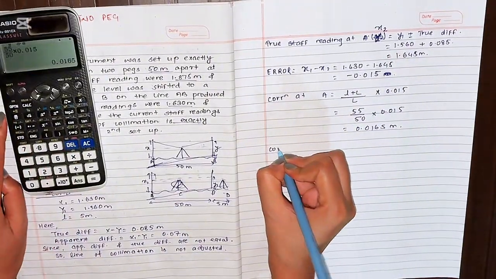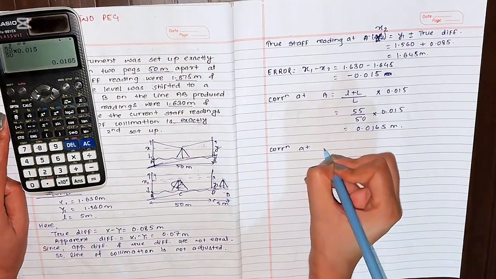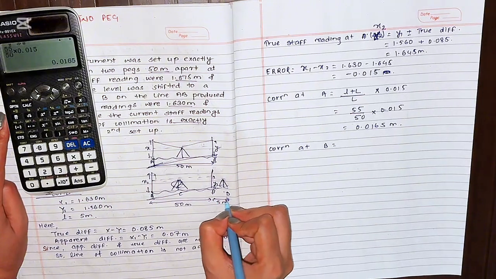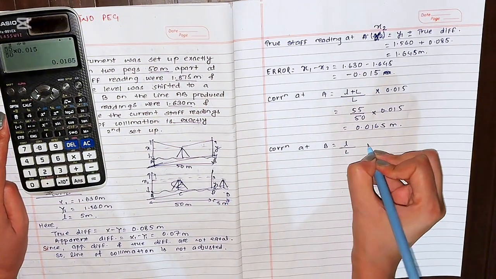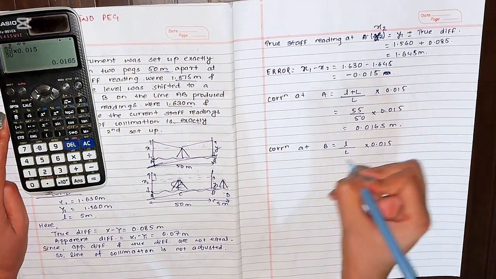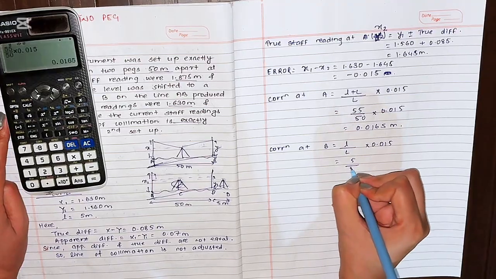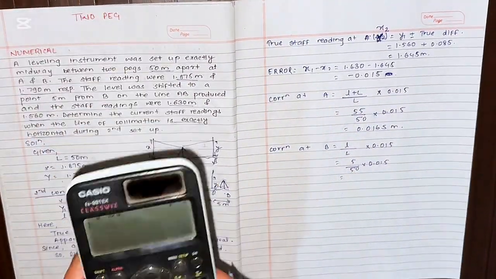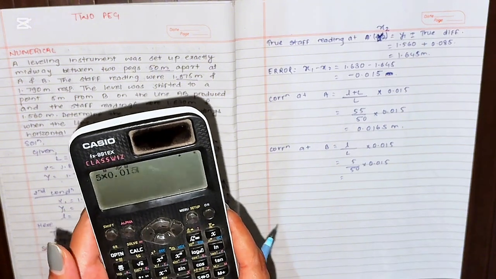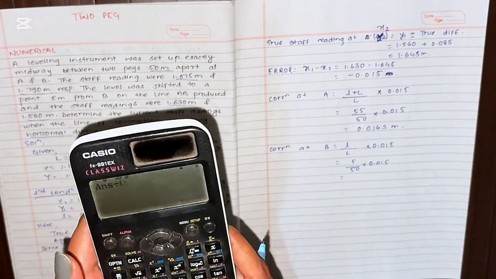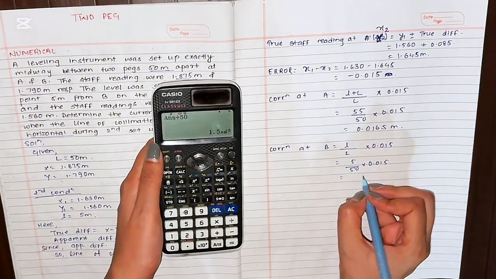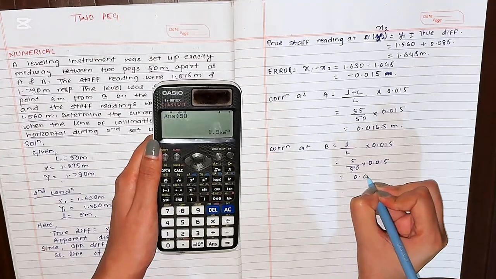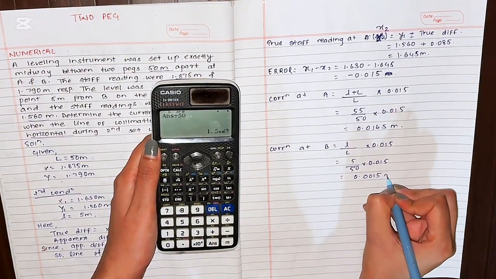Now correction at B is equal to this distance L by L into 0.015, which is equal to 5 by 50 into 0.015, that is 0.0015 meter.